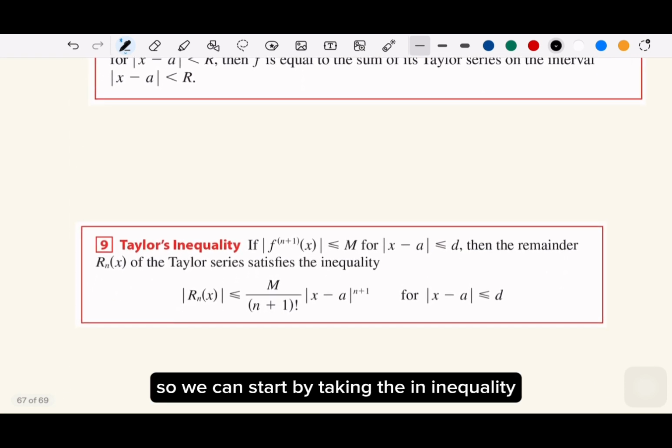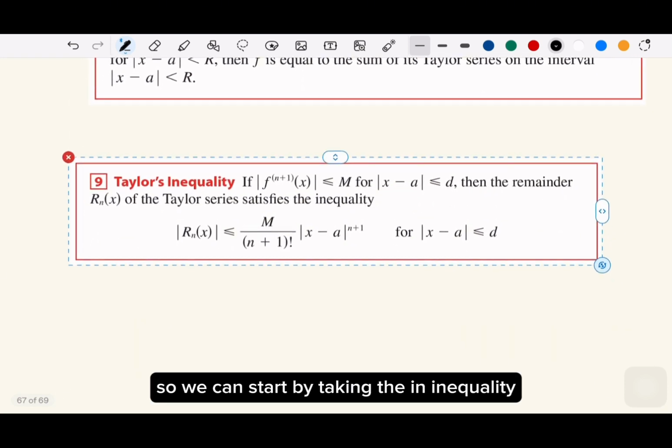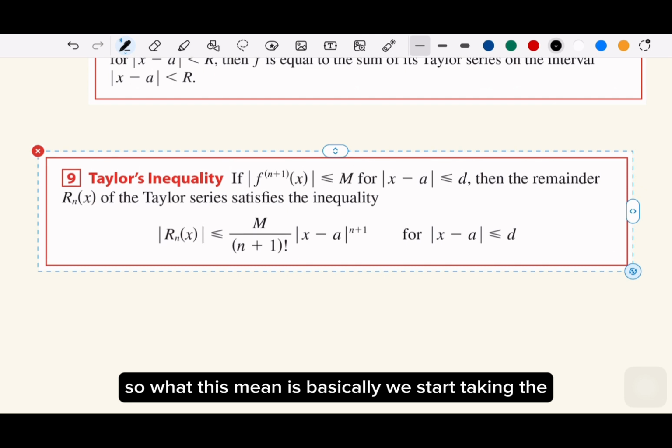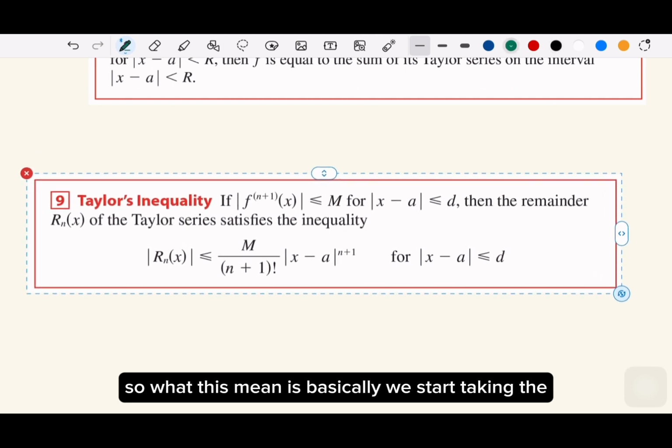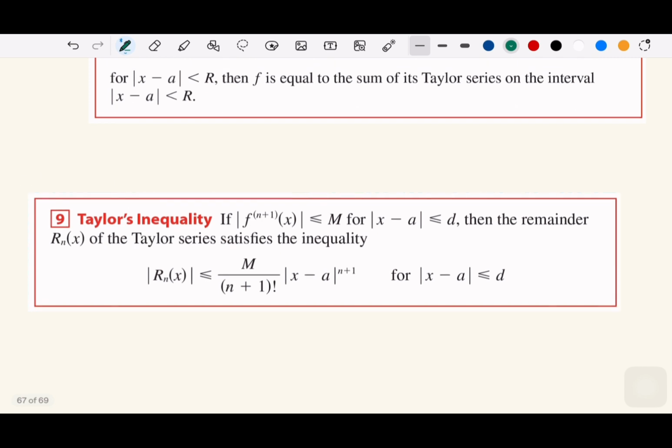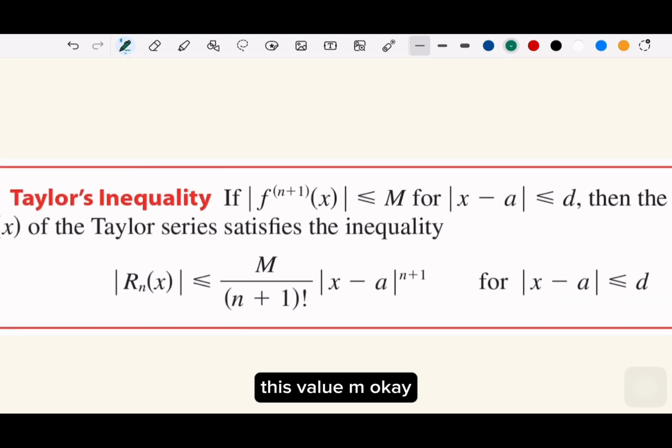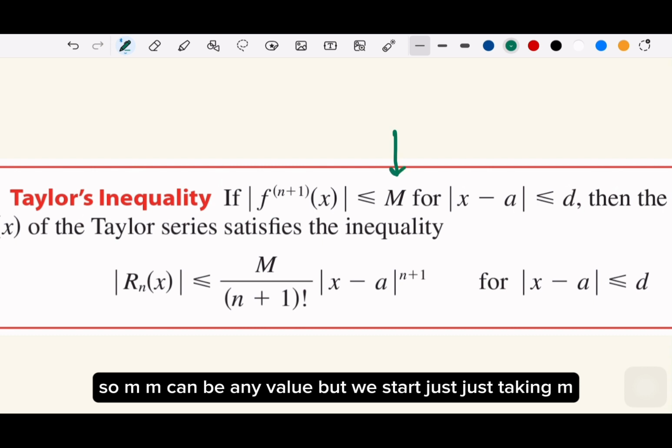We can start by taking this inequality. What this means is basically we start by taking this value M. M can be any value, but we start just taking M.